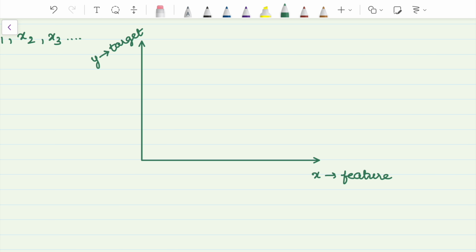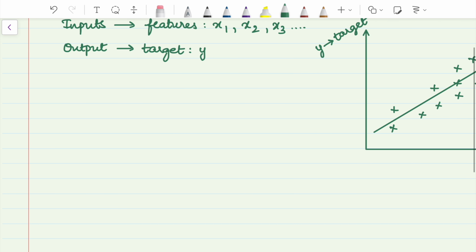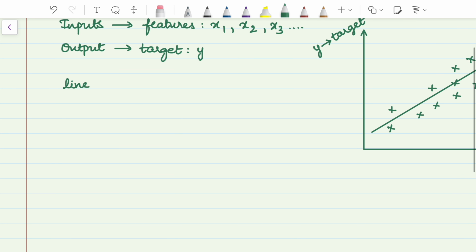Assuming I have the following points on the graph, using linear regression, I try to create a line or draw a line such that we have minimal error between the line and the points. We will discuss further about this error, but for now, we have a line which is basically the linear representation of the relation between the feature and target variable.